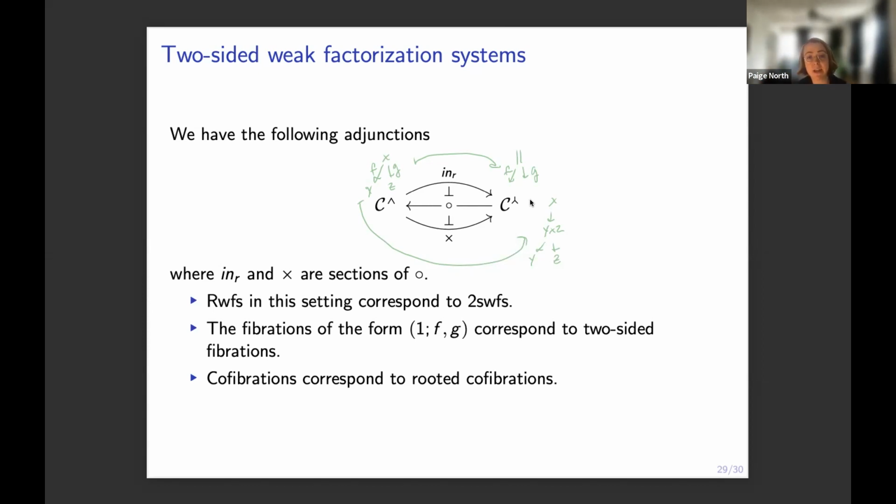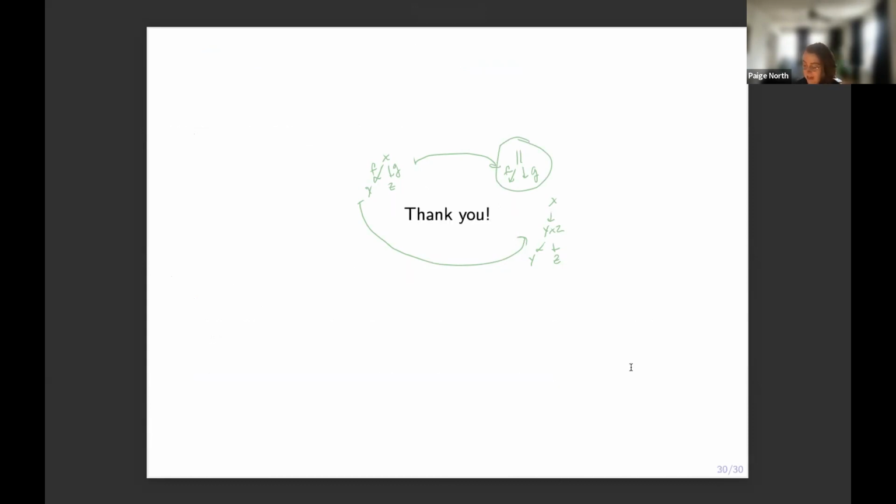So the fibrations of the form 1FG, something of this form, correspond to the two-sided fibrations that I talked about before we started talking about this general setting. And the cofibrations correspond exactly to rooted cofibrations. Okay, so that's it for my talk. Thanks a lot. Any questions?